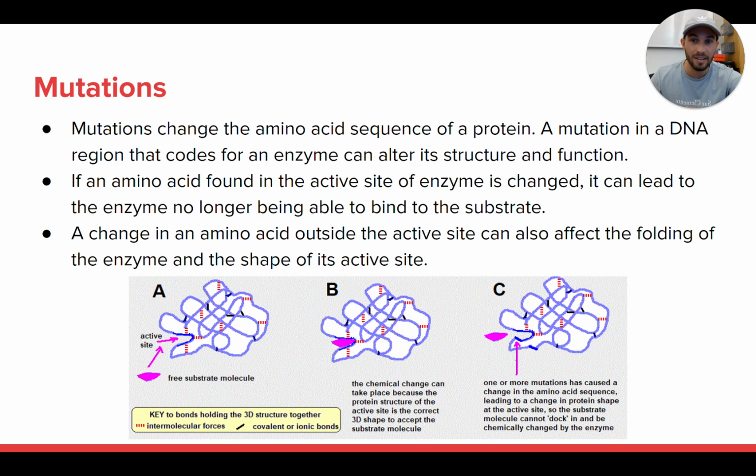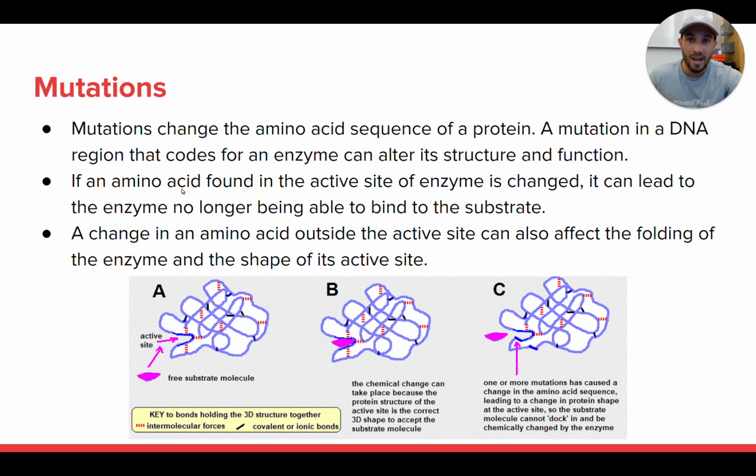And so there are some examples where you could have a mutation that changes the structure of an enzyme because that mutation affected the sequence of amino acids that codes for this enzyme, and it makes it so that the shape of that active site is not compatible with that substrate, which is going to lead to that enzyme no longer working, for example.